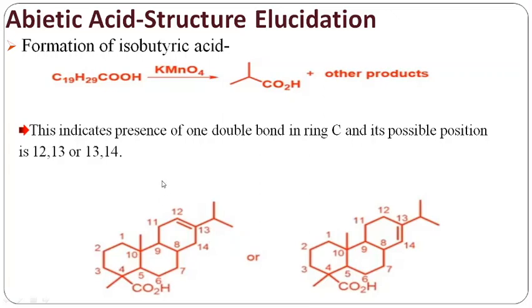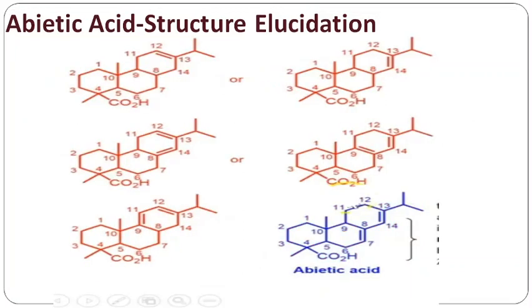Now we have to assign the position of the next double bond, as there are two double bonds present, keeping in view that abietic acid is a heteroannular diene. So the various possibilities: if we assign the position of the double bond at 12-13, then the next conjugated double bond can be present there, or it can be present here.